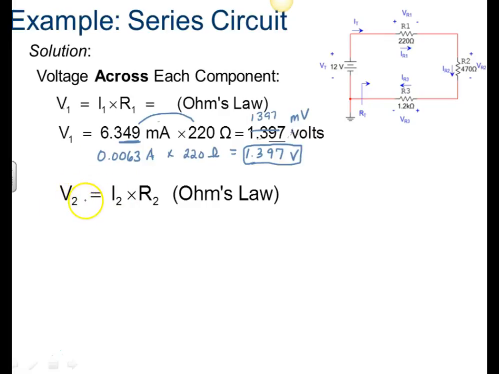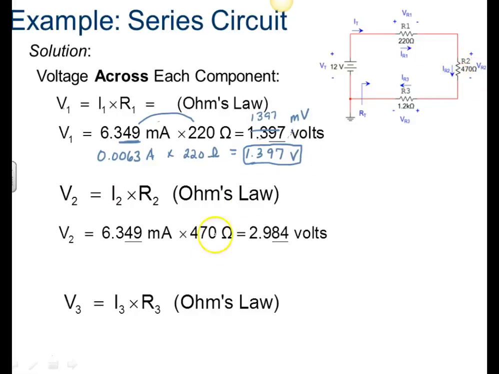The voltage through number 2, which is here, VR2, is going to equal, remember the current's the same everywhere, so we have the same scenario, 0.0063 amps times 470 ohms is equal to 2.9484 volts. And to make this calculation a little more correct, that would be 2,984, and this would be millivolts.